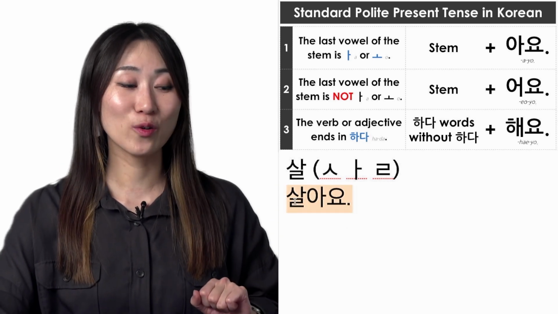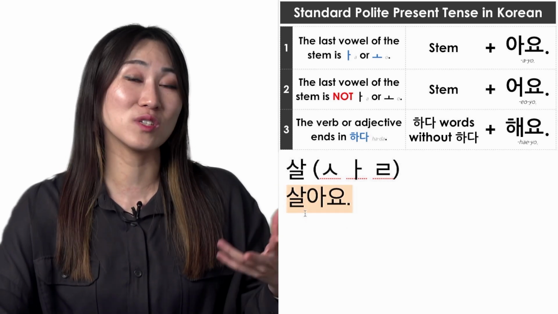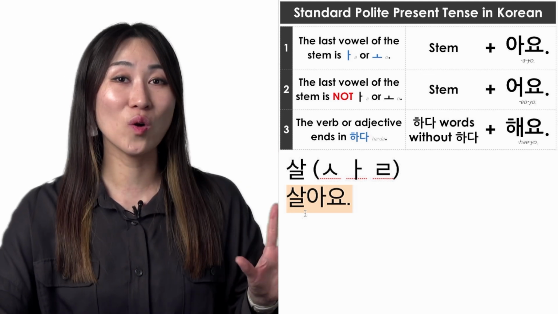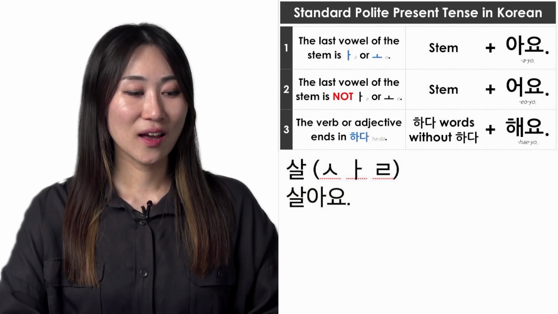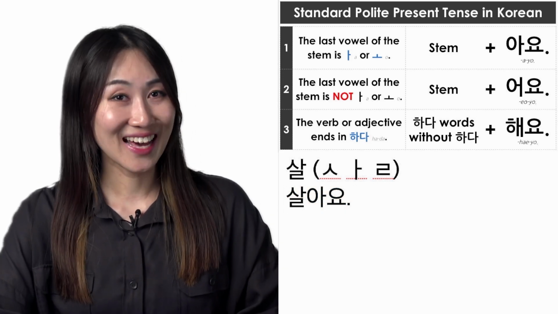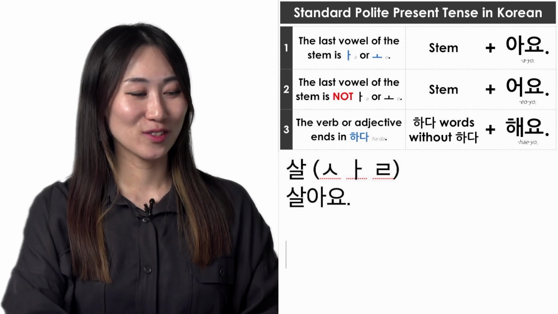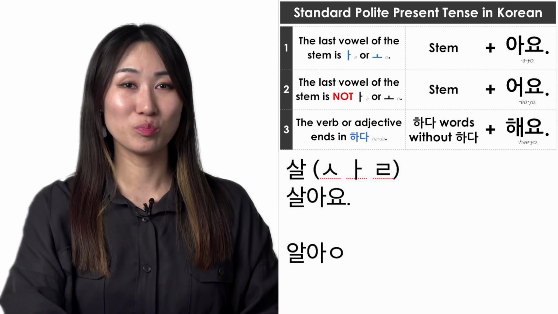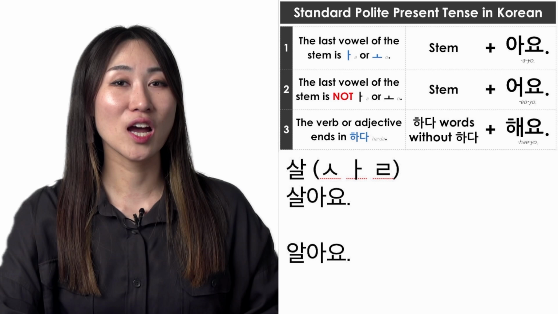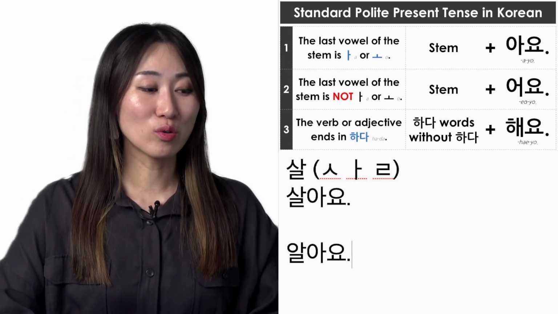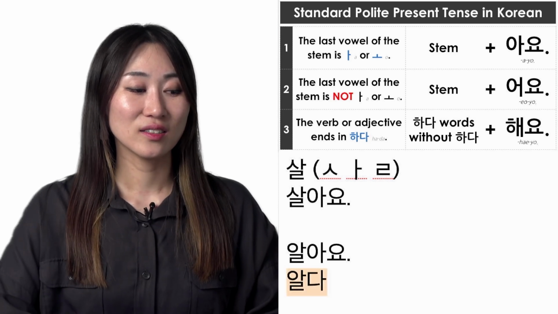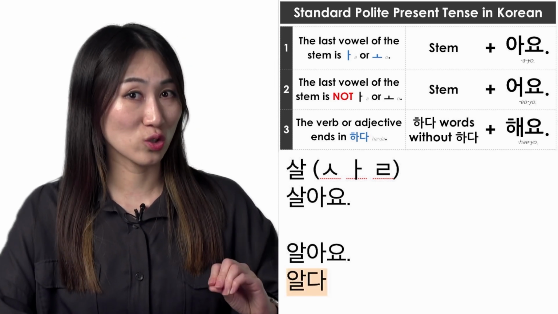There's no subject, so I don't know if it's I, you, or they, but 살아요 means I live. I have another example: 알아요. It means I know, because the dictionary form is 알다, to know.